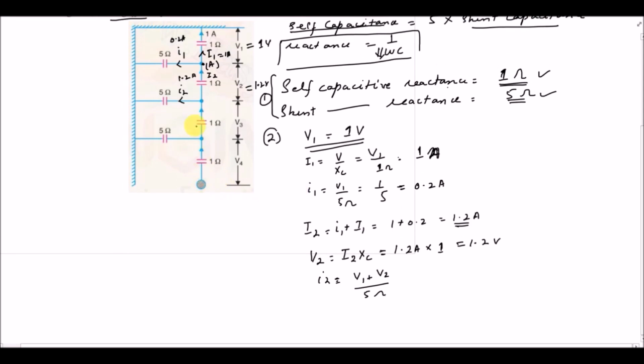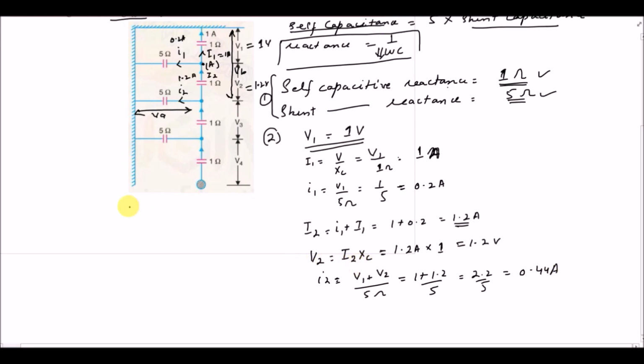Now the voltage VA is actually equal to this voltage VB, which is the summation of V1 and V2. So the summation of voltages V1 and V2 is in the numerator, and the capacitive reactance is in the denominator. The current value will be 1 plus 1.2 over 5, equal to 2.2 by 5, that is 0.44 ampere.